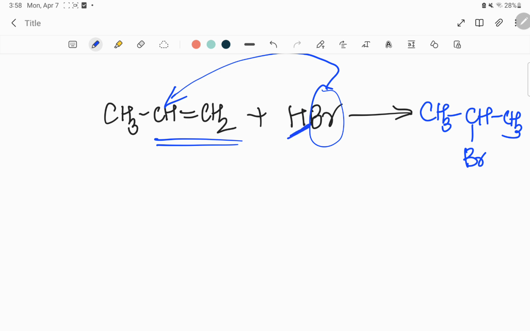So the positive part of the addendum will go to the carbon with more hydrogens, and the negative part of the addendum, which is bromide in this case, will go to the carbon with lesser number of hydrogens. So this is Markovnikov's rule, and this is something which you have already learnt in grade 11. So I hope you are aware of this rule.